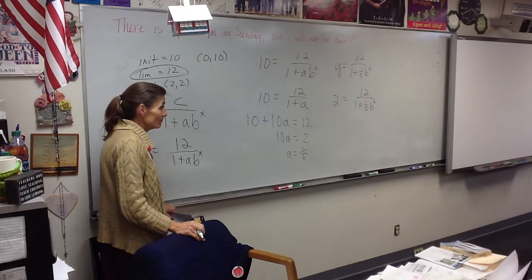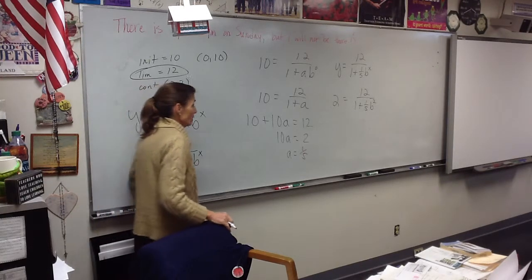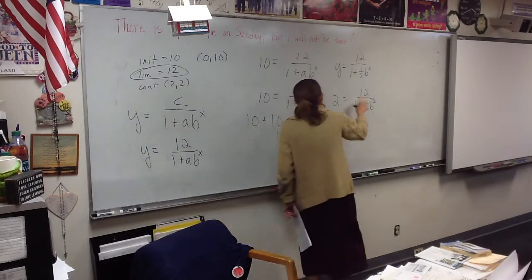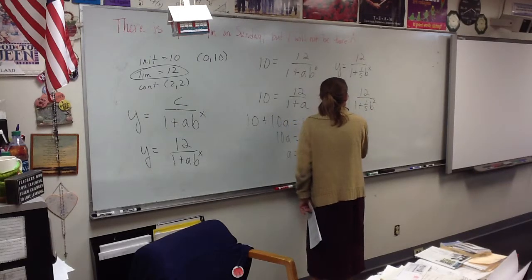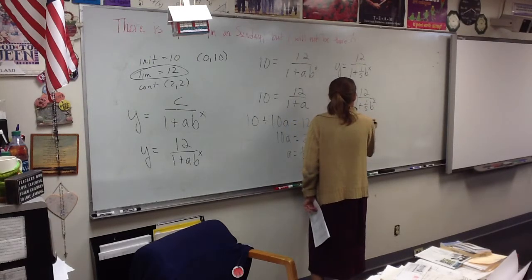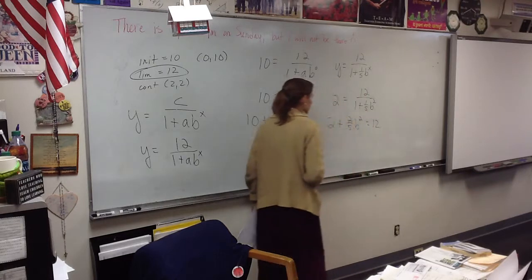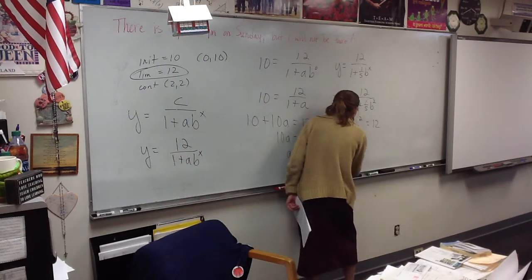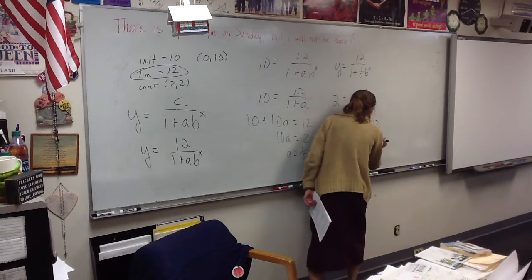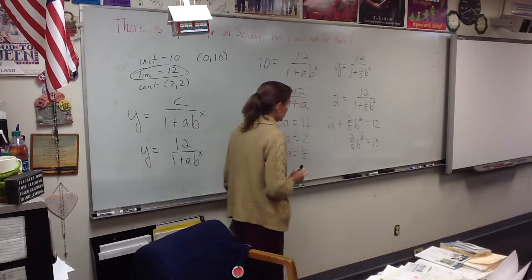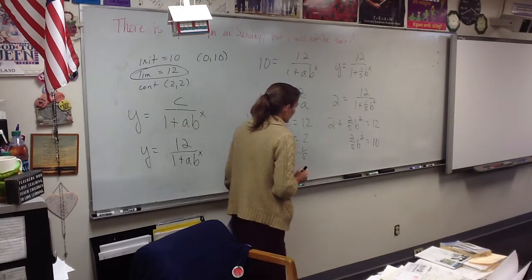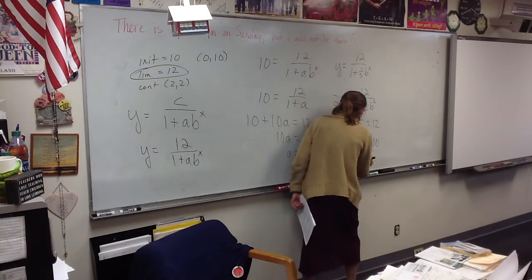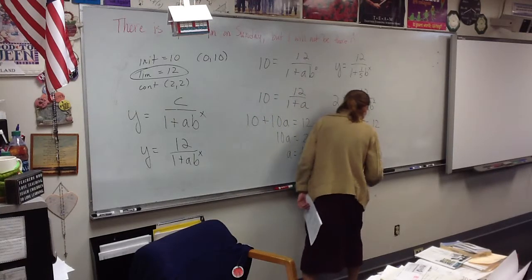Now what? So 2 plus 2/5 b squared equals 12. So 2/5 b squared equals 10. So 2b squared equals 50.